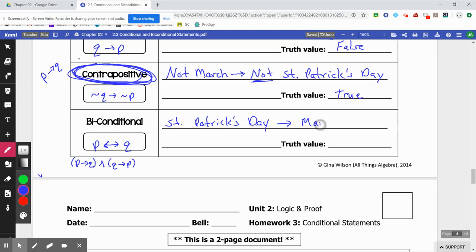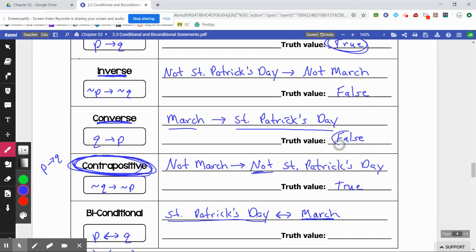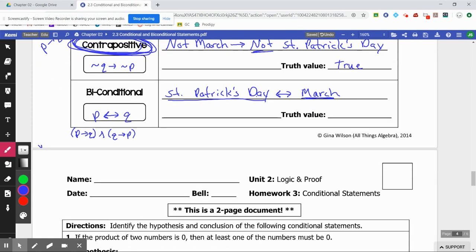And we said a while ago that, yeah, that's true. But to be a biconditional, that would also mean that the converse has to be true, which means if it is March, that would imply that it's St. Patrick's Day. And you can scroll back up and see the converse. Converse was false. So therefore, since your conditional was true, but the converse was false, that means your biconditional would also be false.